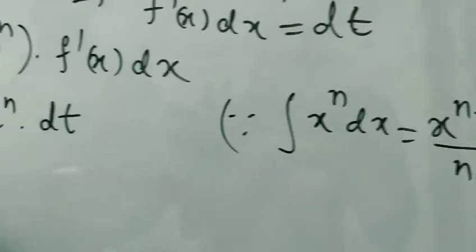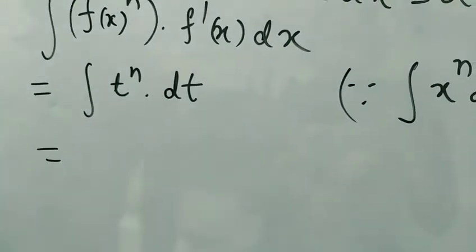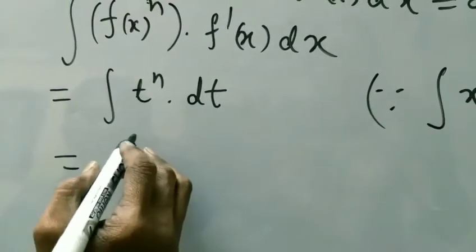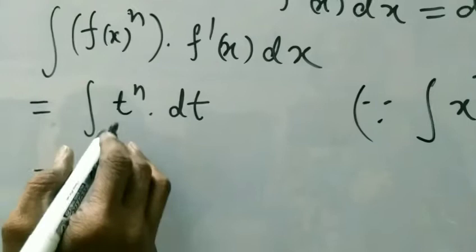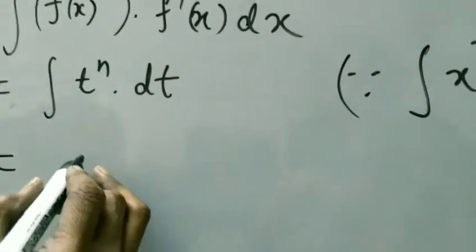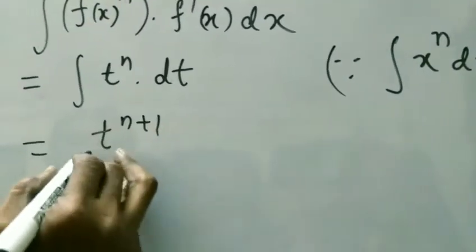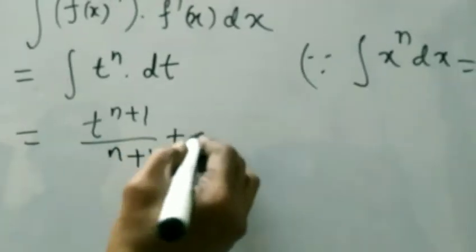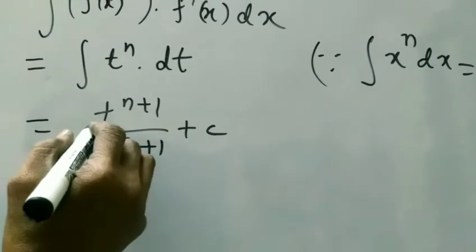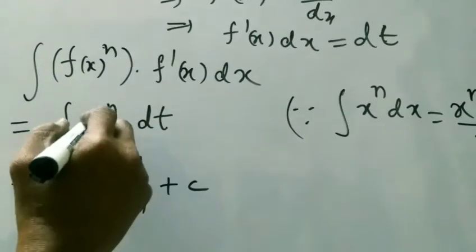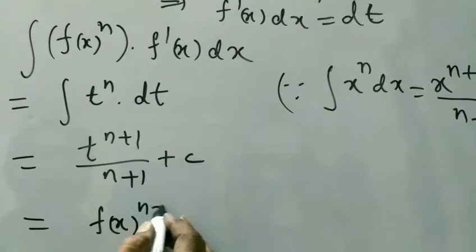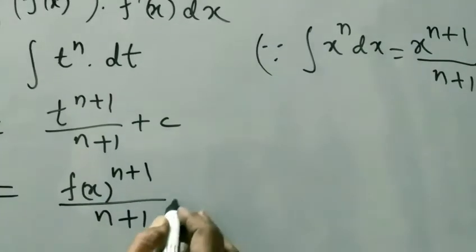So by using this concept, it becomes integral of t to the power of n dt, which is t to the power of n plus 1 by n plus 1 plus c. So in place of t, already we considered f of x is equal to t. So it becomes f of x whole to the power of n plus 1 by n plus 1 plus c.